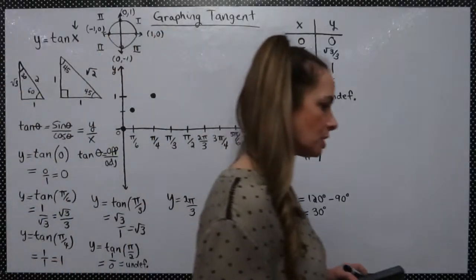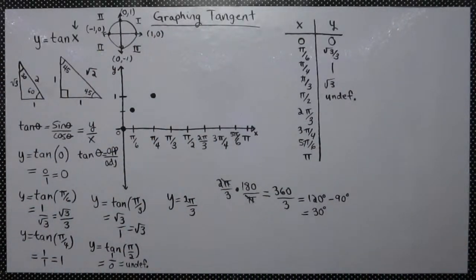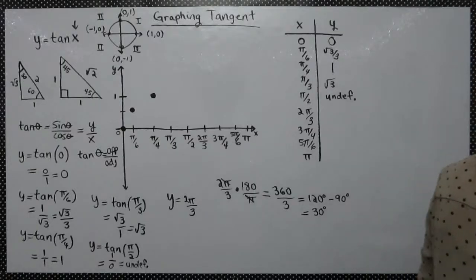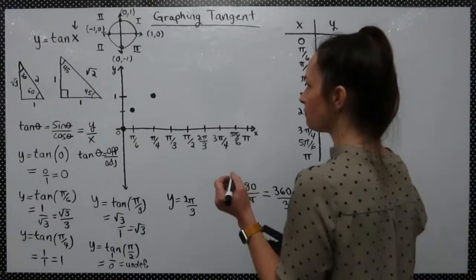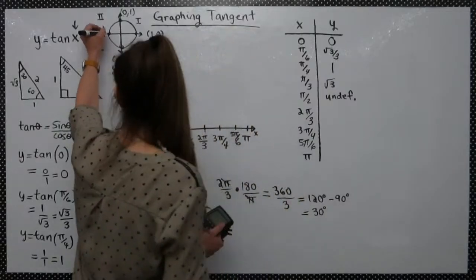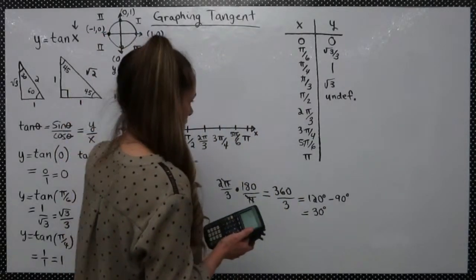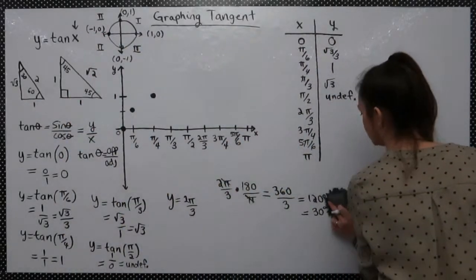Ooh, I better double check myself. 2 pi over 3, hang on. Oh, you have to subtract it from pi. You can't subtract it from 90. Whenever you're doing reference angles, it's from the x-axis, so I'm giving you bad math.